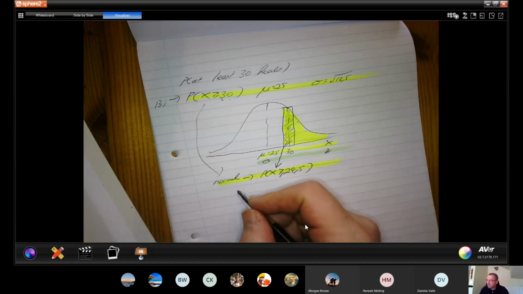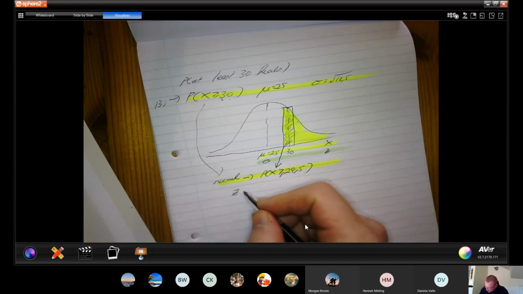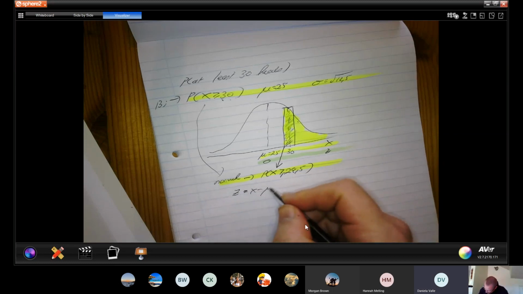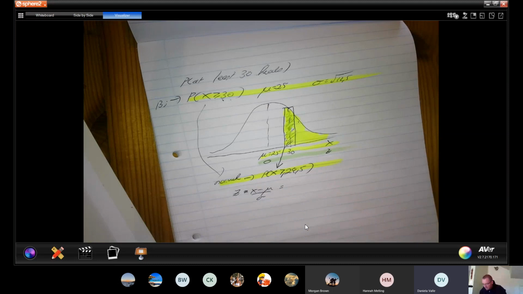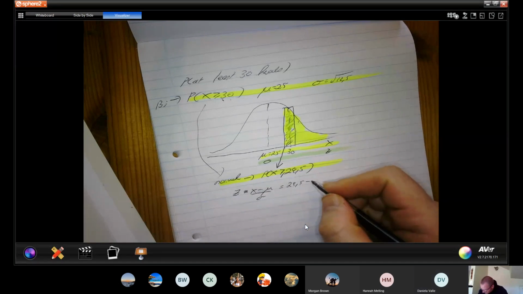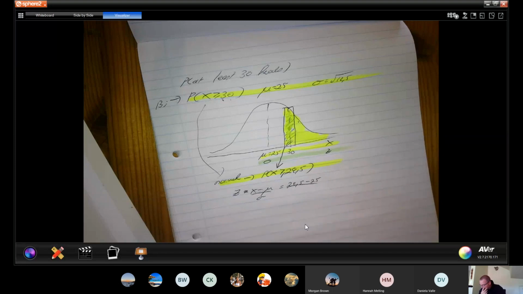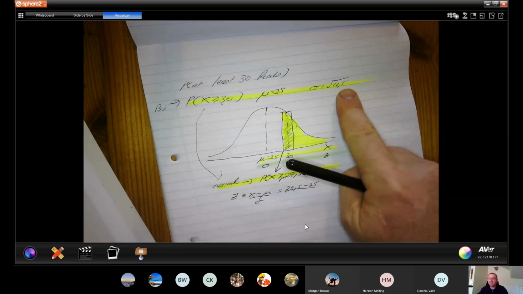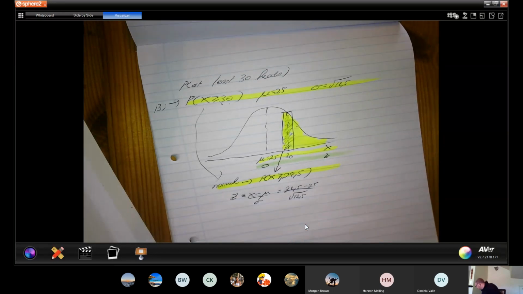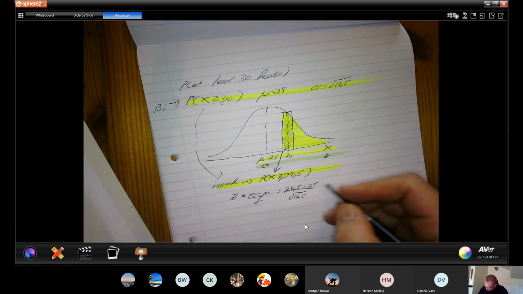The formula is z equals x minus mu over sigma. x is 29.5 minus mu, which is 25, over sigma. Leave sigma in surd form, guys, don't round it off. Sigma is the square root of 12.5. Put that into your calculator.